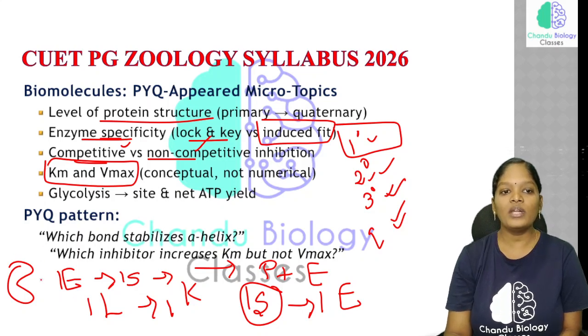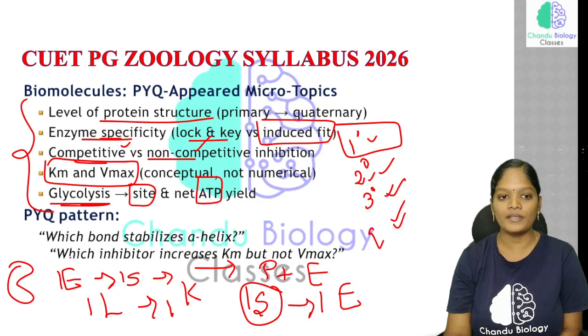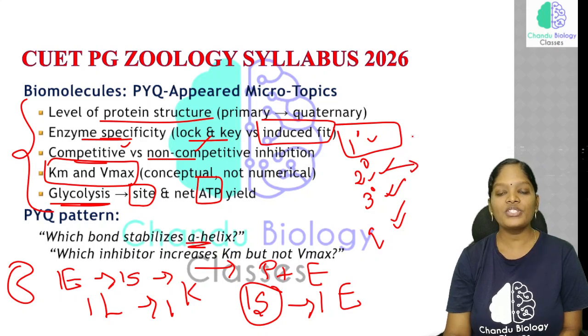Next, questions will be frequent on the glycolysis process: where exactly glycolysis takes place, and how many net ATP are yielded. These are the areas where we can see frequent questions. Now, which bond stabilizes an alpha helix? As I said before, in the secondary structure we have the alpha helix and the beta pleated sheet.